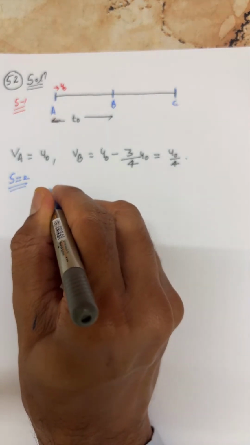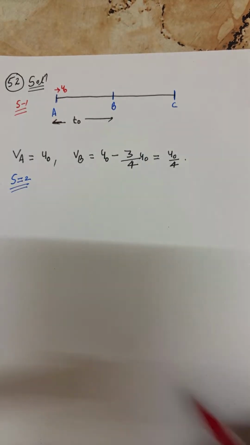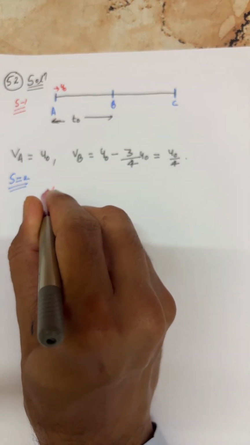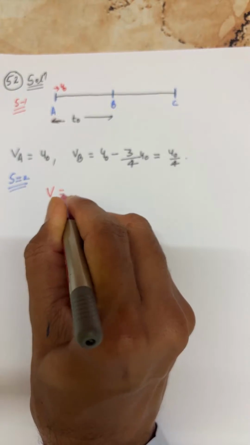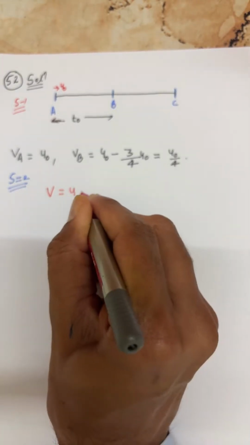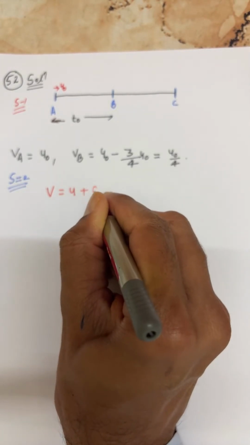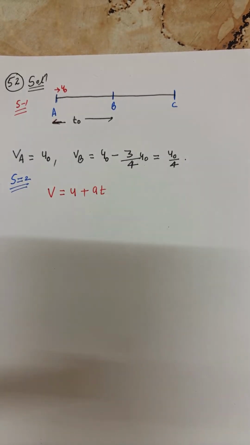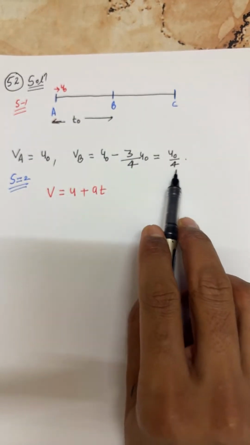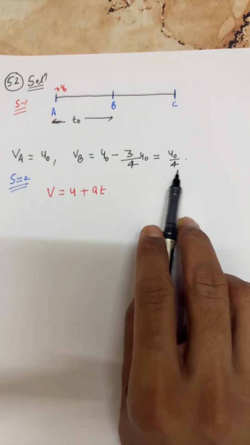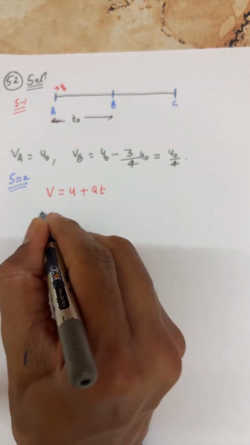So I'm applying equation number one here. What is equation number one? V is the final velocity, U is the initial velocity, A into T, and A is the acceleration. At this point we found the final velocity equals U naught by 4.